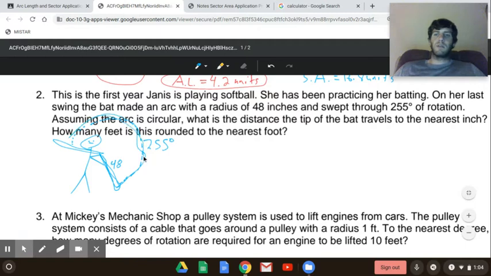225 degree arc. So we're looking for arc length, which is x over 360 times 2 pi r. So arc length, we're looking at 225 degrees out of 360, times 2 times pi, and the radius here is 48.